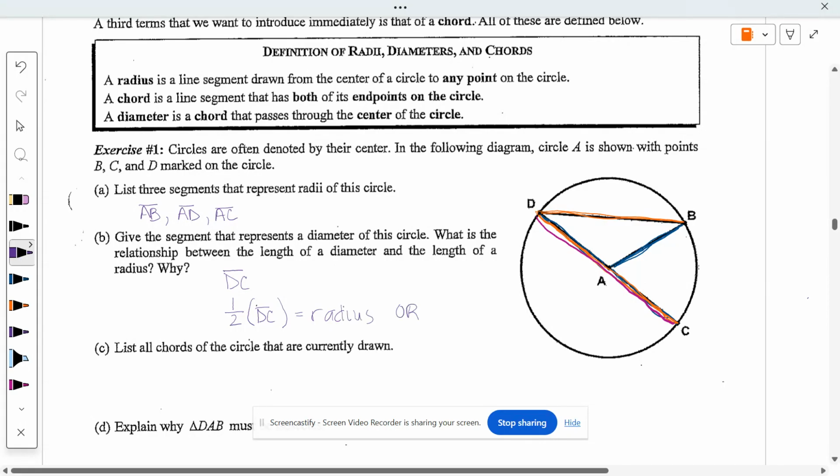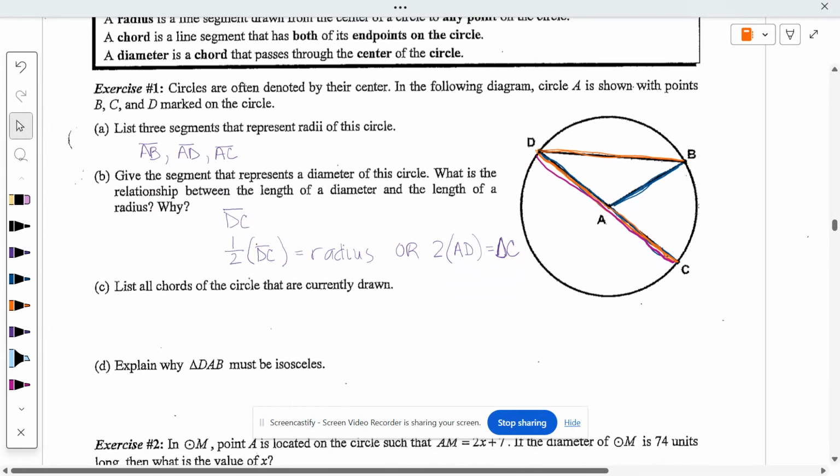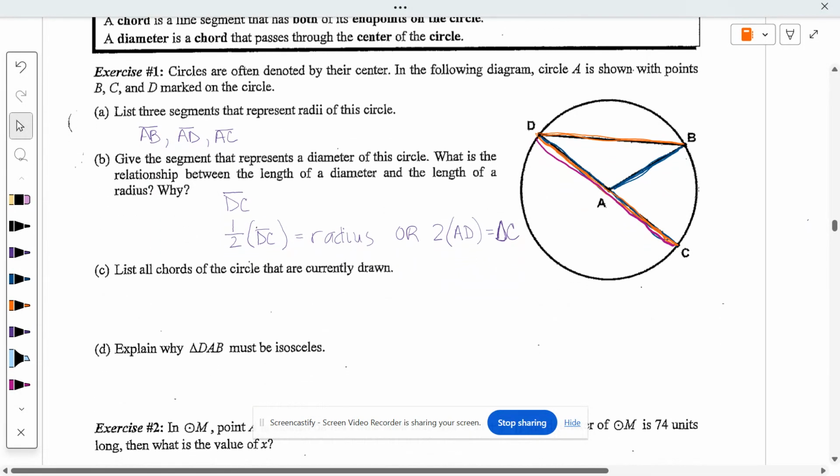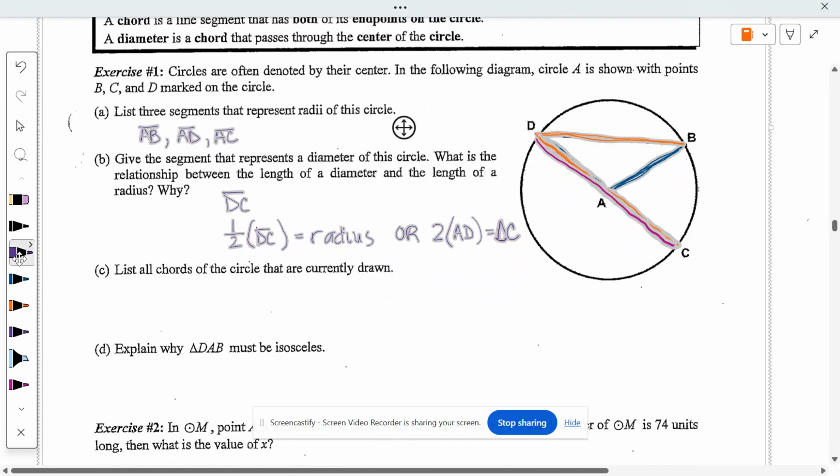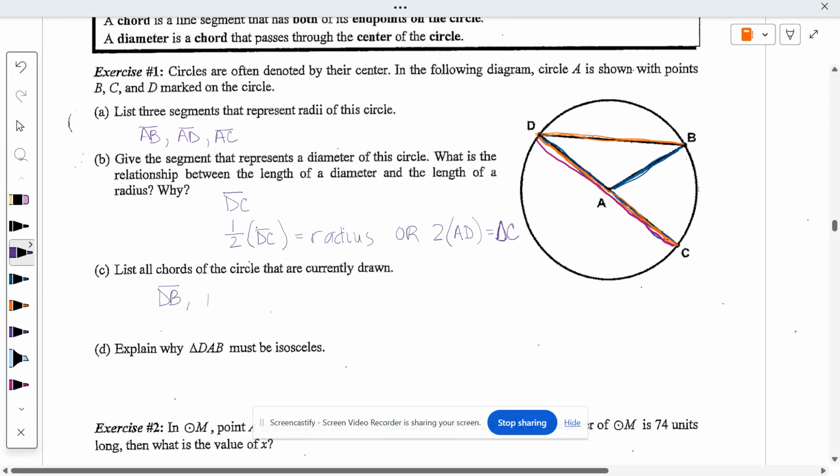Or I could say that 2 times AD equals DC. List all of the chords in the circle that are drawn. Well, I told you the chords, those I highlighted in orange, segment DB and segment DC.